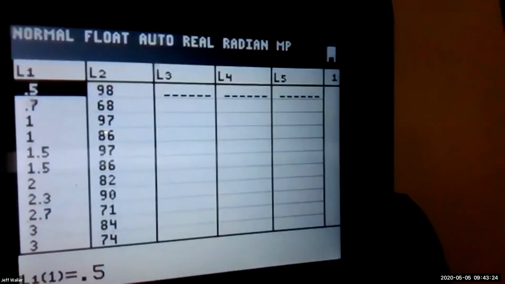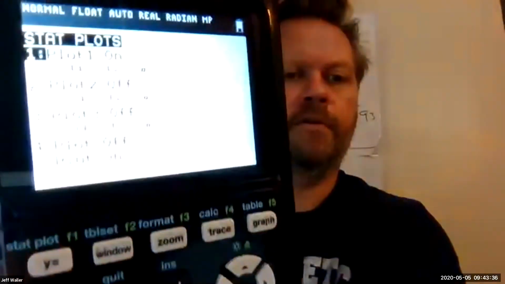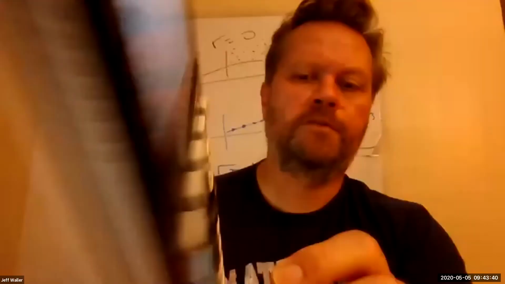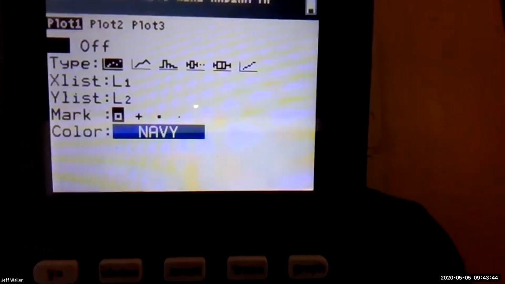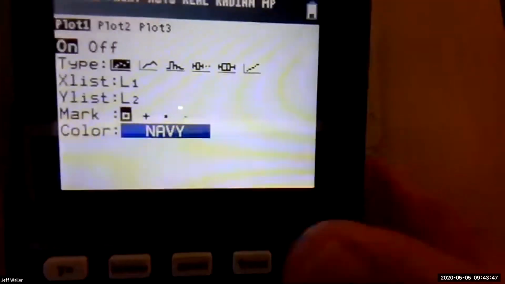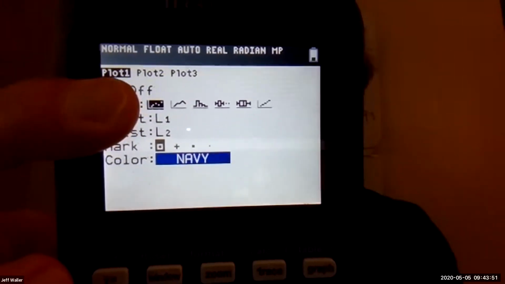Okay, so let's see. So we put the data in, make sure it's L1 and L2. We go second, Y equals, well, here comes the weed whacker. To get here, make sure that the first plot is the only one turned on. Make sure it's turned on, right? Make sure you highlight on. Make sure you've picked the scatter plot option, the first one, right?